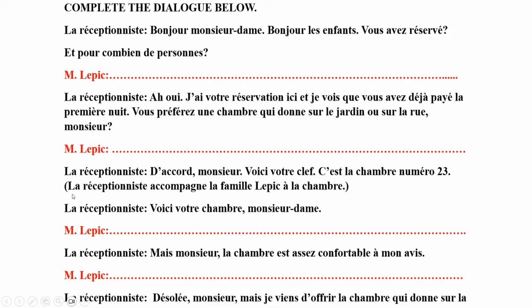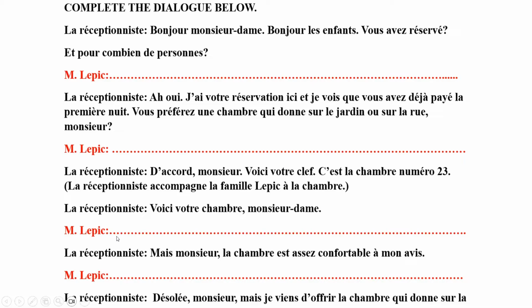And what you see here in brackets says, la réceptionniste accompagne la famille Le Pic à la chambre. The receptionist accompanies the Le Pic family to the room. And then she says, voici votre chambre, monsieur, dame. Sir and ma'am, here's your room.